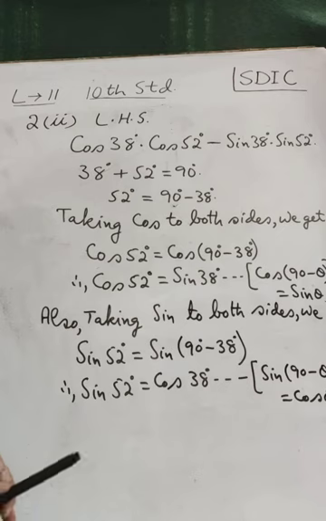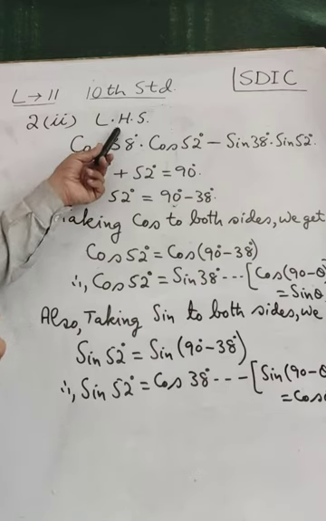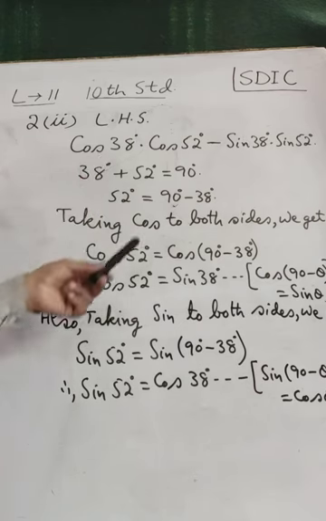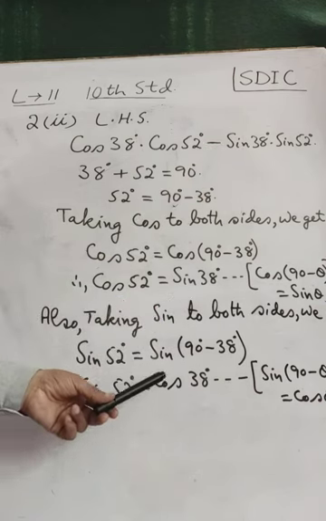And finally, like previous parts, in the LHS of the question, we'll use these two results. For cos 52, we'll write sine 38. For sine 52, we'll write cos 38.